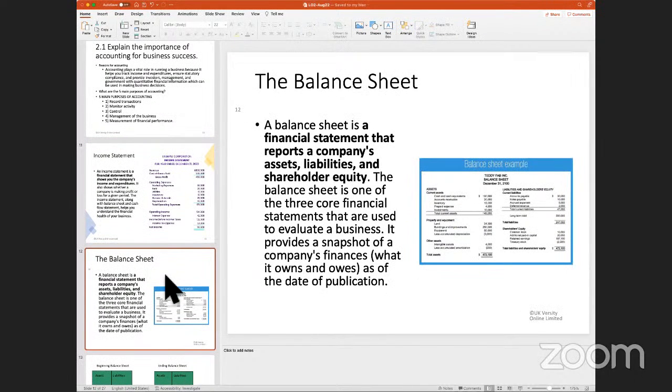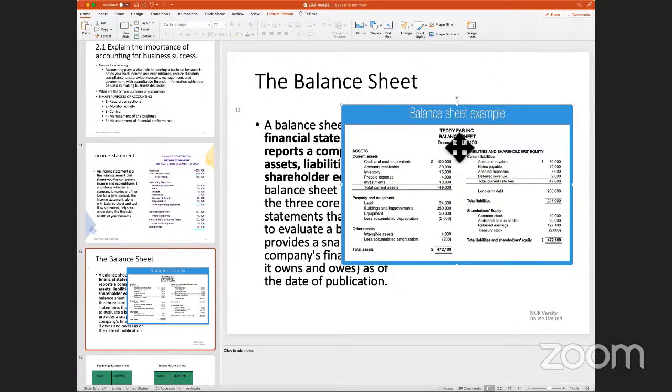Now, when we talk about the balance sheet, what is a balance sheet? A balance sheet is basically a statement of the finances of the company as of a particular date. I think in the video, if you recall, it showed a combination of two columns, the left and the right hand side.